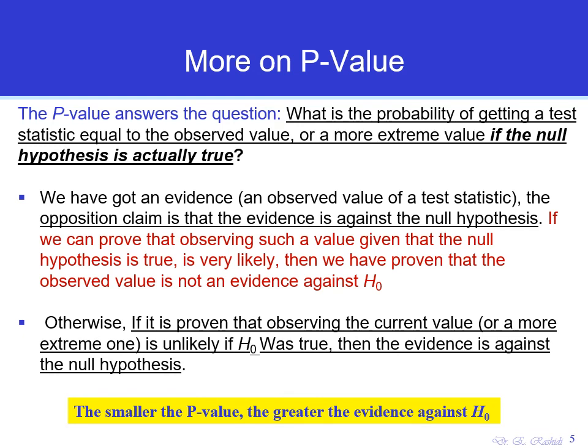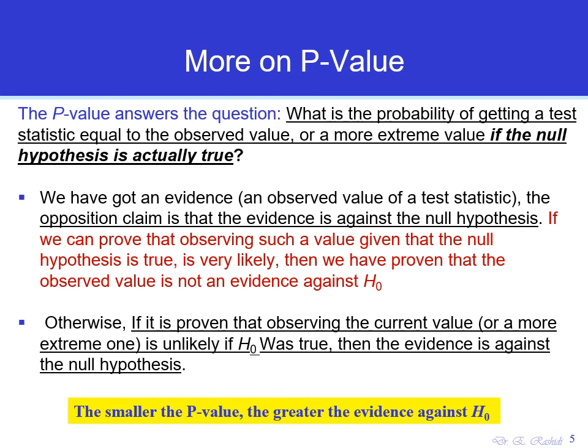Otherwise, if it is proven that observing the current value of the test statistic, or a more extreme one, is unlikely, then that is going to be a surprise. That's going to be a shock. That's going to be evidence against the null hypothesis, and we would have to reject the null hypothesis.